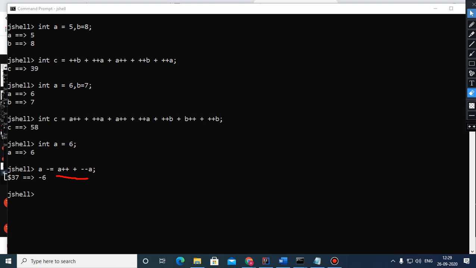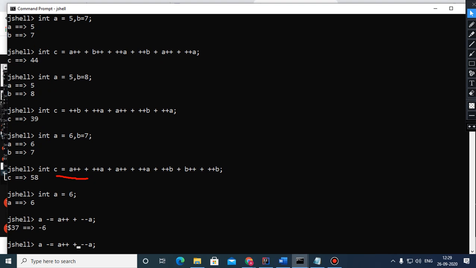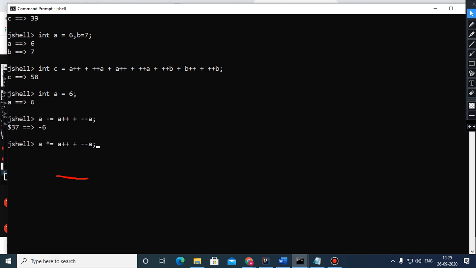So any problem, then tell. And suppose I'm just changing the expression here, and from minus I'm changing this to asterisk. What will be the answer now? I have changed that symbol. No, it will not be 72 because the value of A has changed.